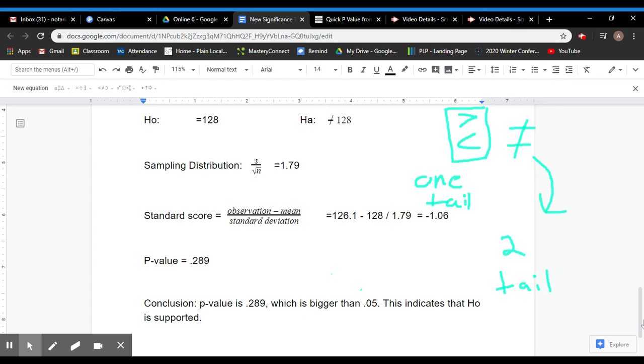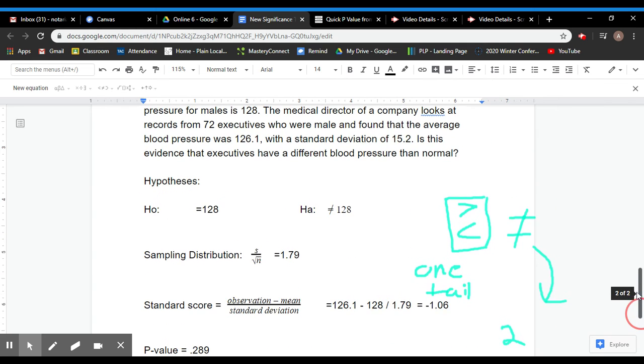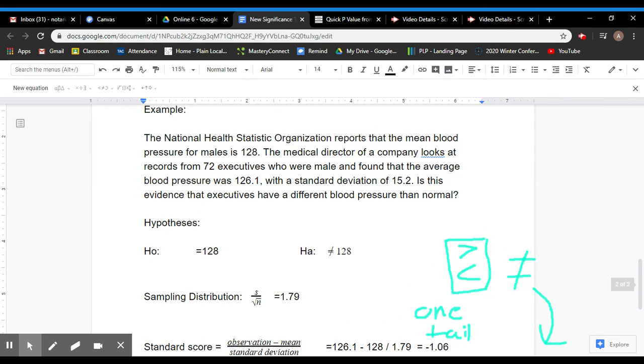So the last difference between this significance test and the last one is you need to make a statement based on the actual prompt. You can't just say, oh, H0 is right. Well, what does H0 mean? H0 is the initial claim that males have an average blood pressure of 128.